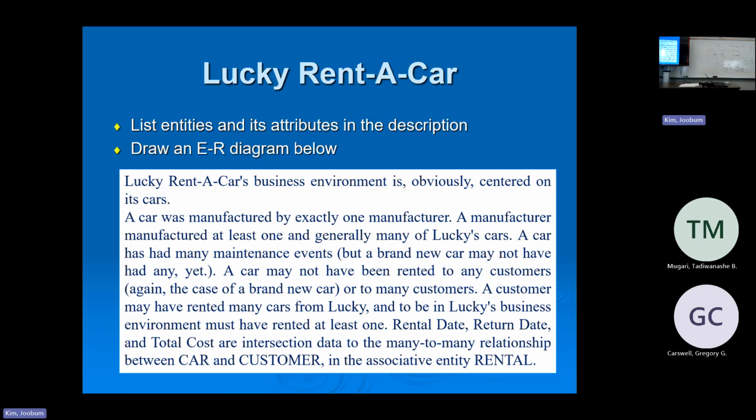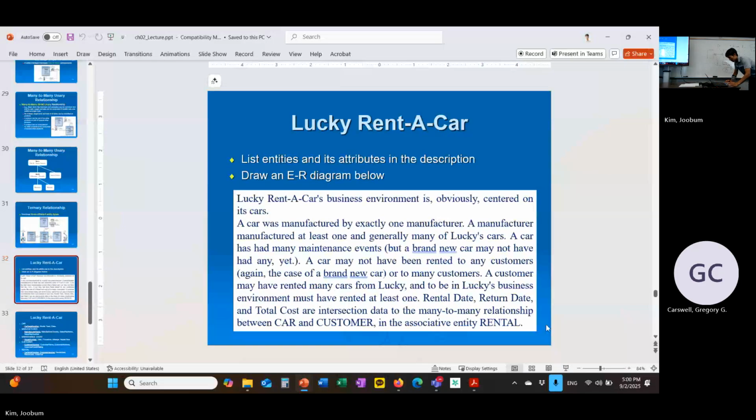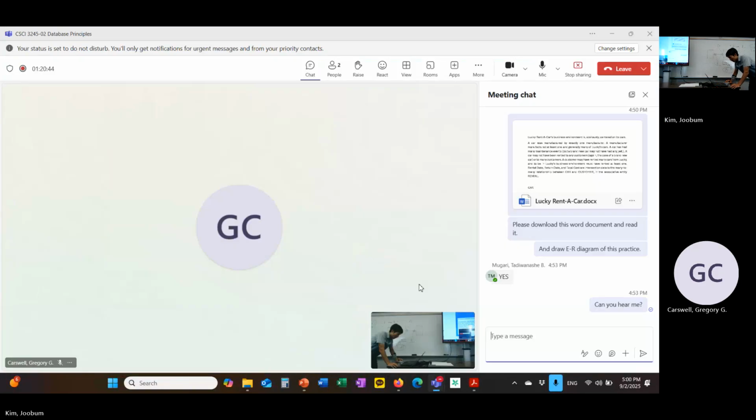Make sense? Okay, thank you, have a great evening, and see you next week. Thank you, Macon. So we'll take a look at the full ER diagram of this practice.